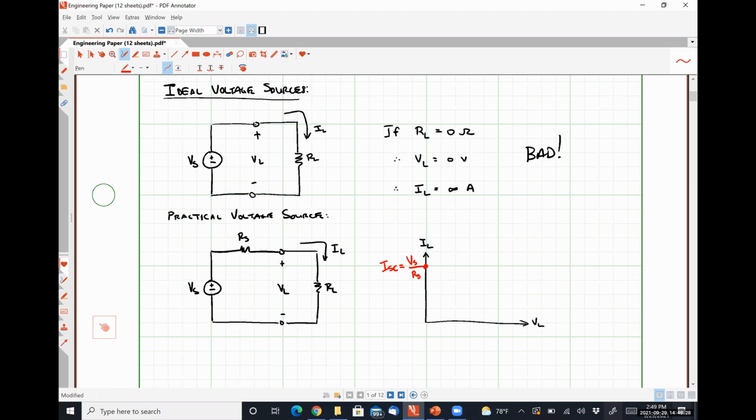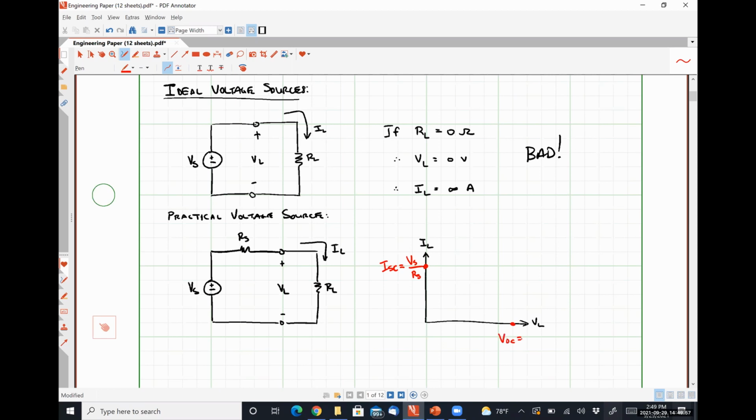And on the right-hand side of the graph, what is the absolute minimum amount of current this circuit could provide? 0, which occurs for an RL value of what? Infinity. So if we connect this to an open circuit, then we have what's called our open circuit voltage, VOC.